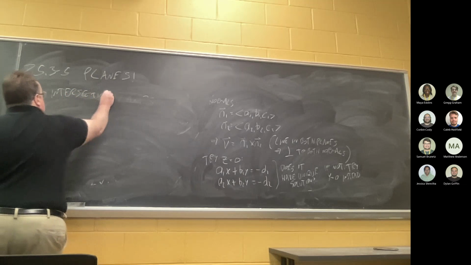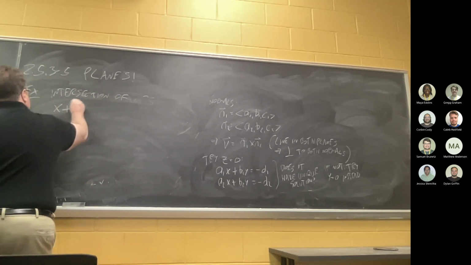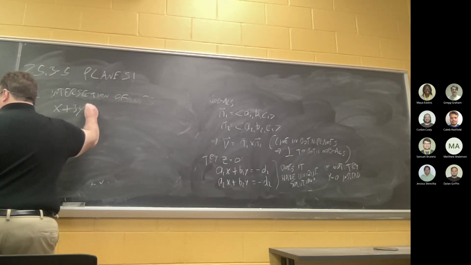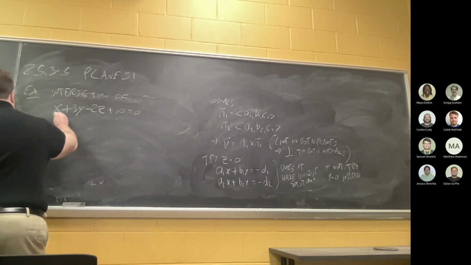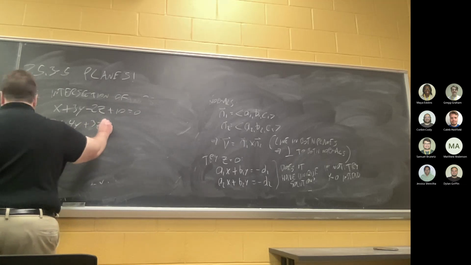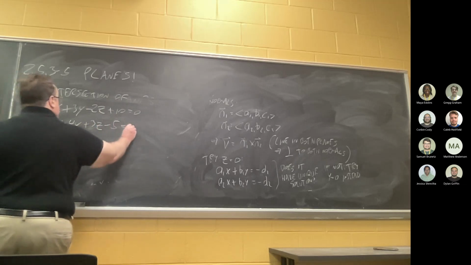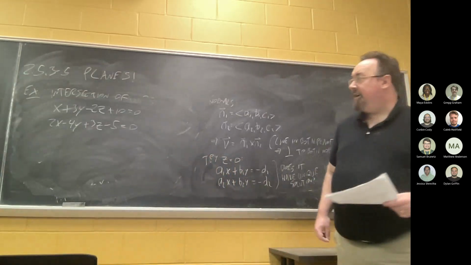All right, so here we want the intersection of these two planes: x plus 3y minus 2z plus 10 is 0, and the other plane is 2x minus 4y plus 3z minus 5 is 0.